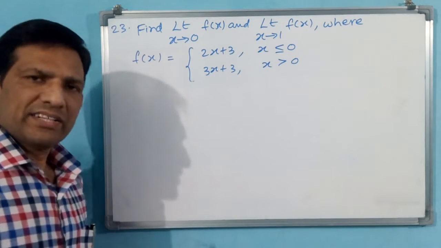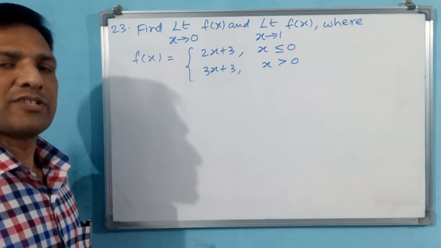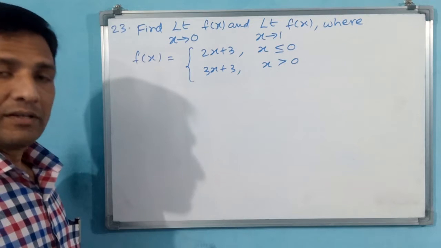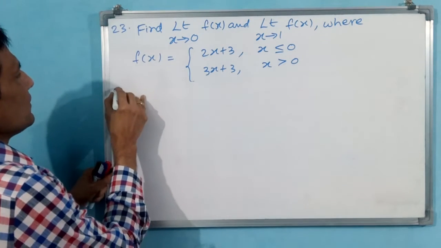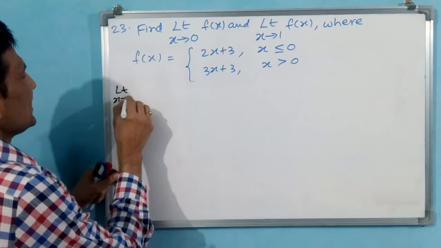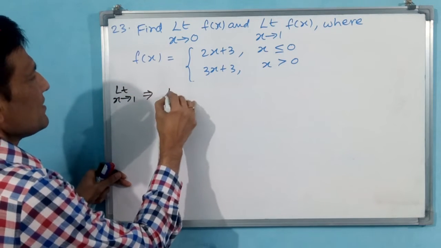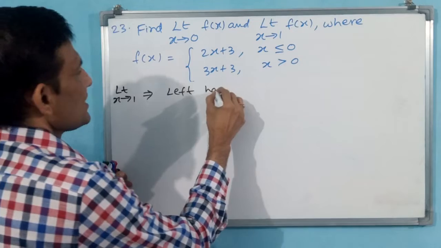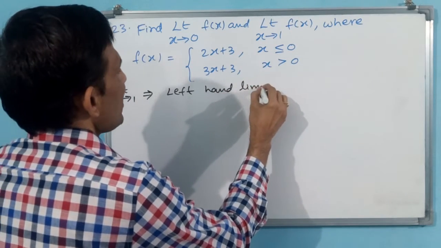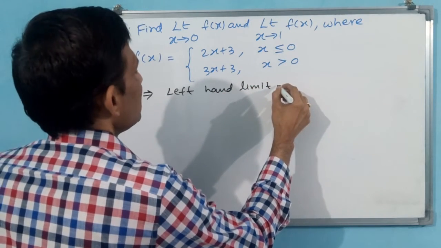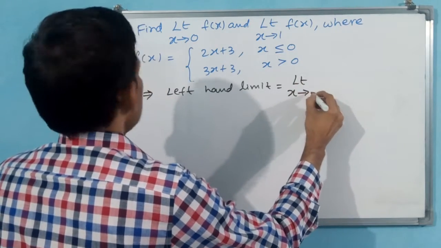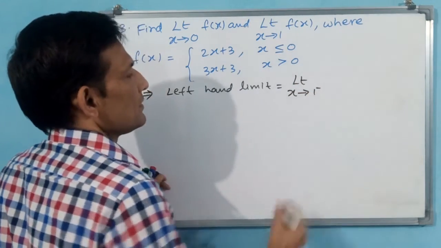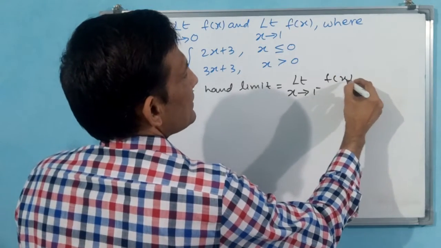Again, the same process we will do for limit x tends to 1 also. What I am writing, observe carefully. Limit x tends to 1 implies, left hand limit I am taking first. Left hand limit is equal to limit x tends to 1 minus f of x.